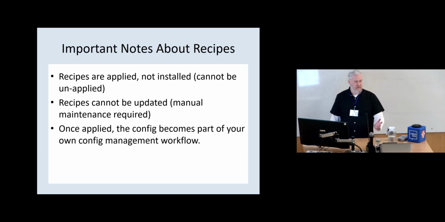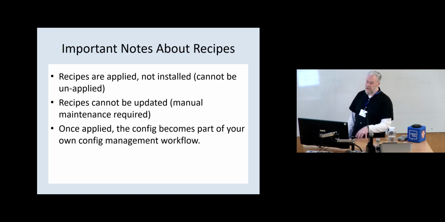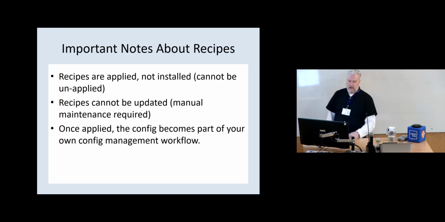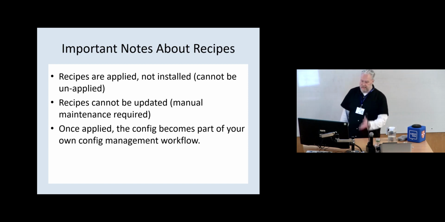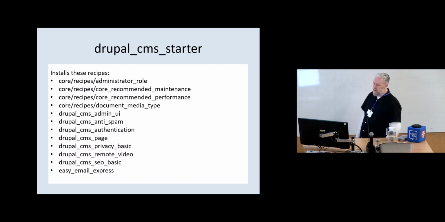It changes the config, and you uninstall it by kind of almost capturing that in your git config when you export your config. Because once recipes are applied, they become part of your own site configuration, and then you deal with that however you want to. If you do that on a live site, you just run wild. If you do it on a development site and then push it up, it's a part of your management workflow.